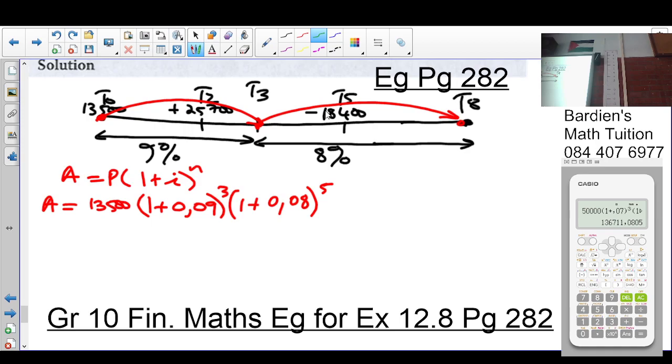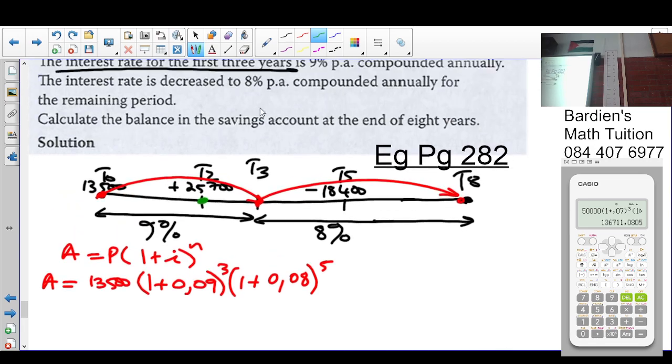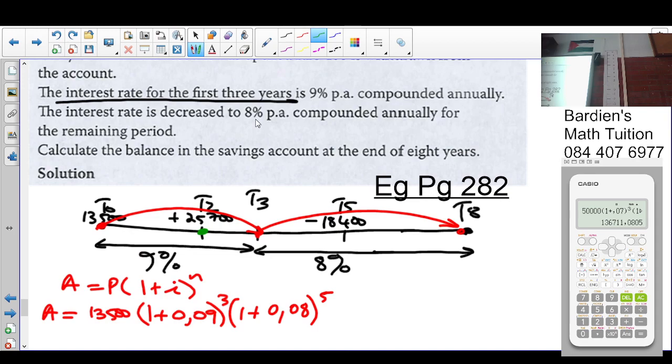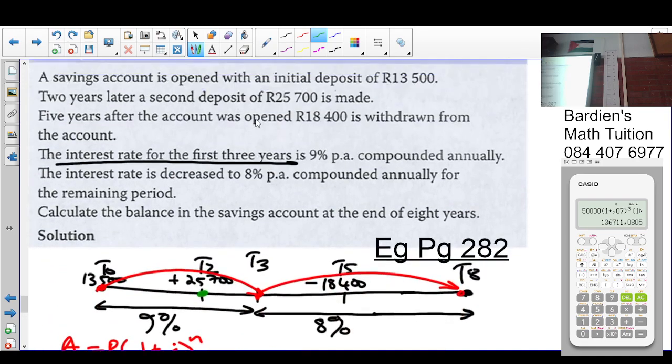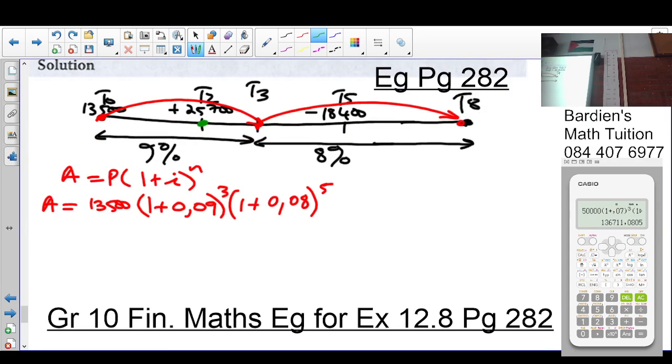Right. People? Now we're going to consider that 25,700. Right, so what's going to happen here? Can I take that to the end? No. Where do we need to ground it first at? T3. And then we can take it to the end.